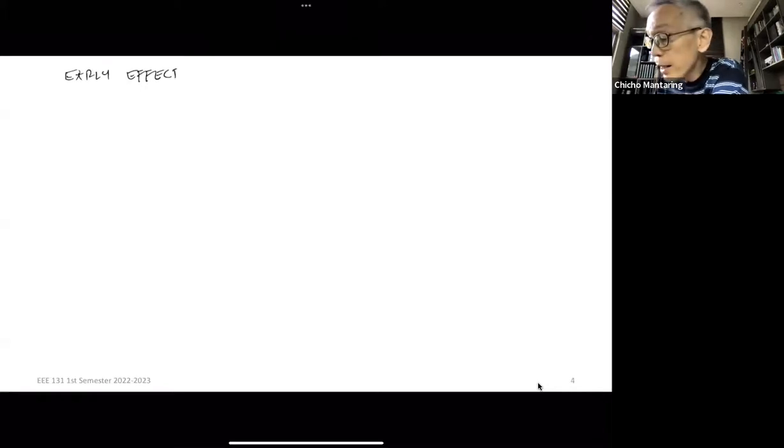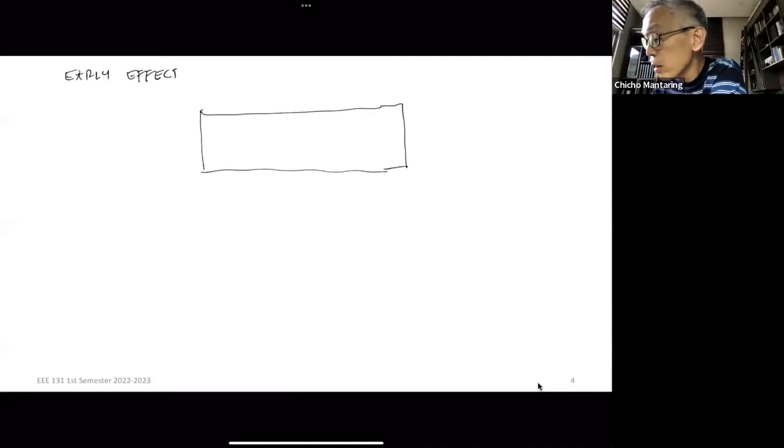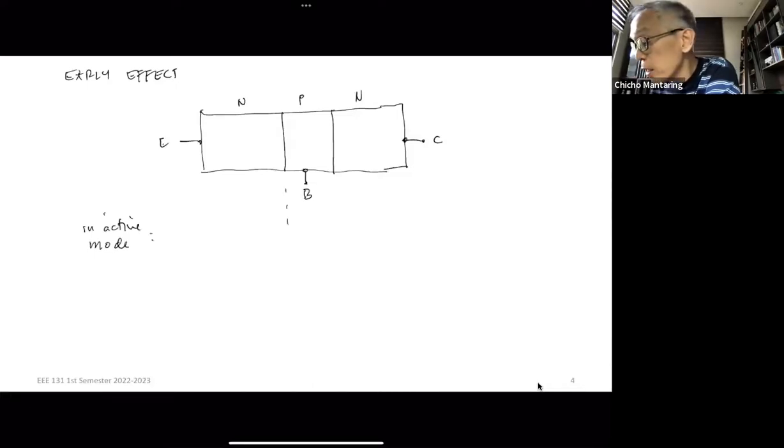If you take a look at your BJT, let's say this is an NPN. This is my emitter, this is my base, and this is my collector. We know that in active mode, our energy band diagram is going to look something like this.